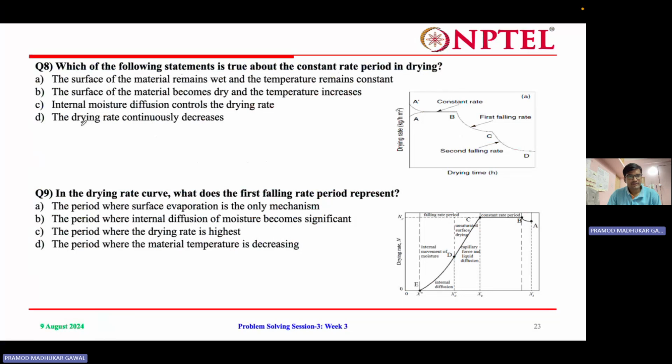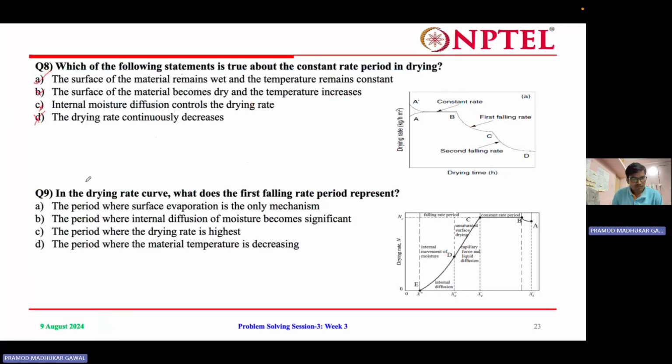And option D, the drying rate continuously decreases. So this is not, because at this condition it is a constant rate. So material remains wet and temperature remains constant. So option A is correct.